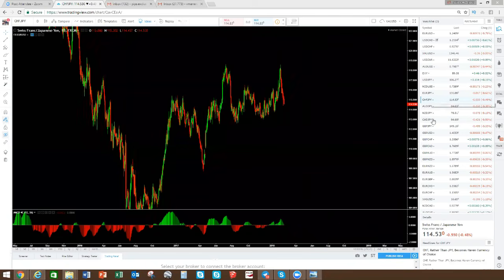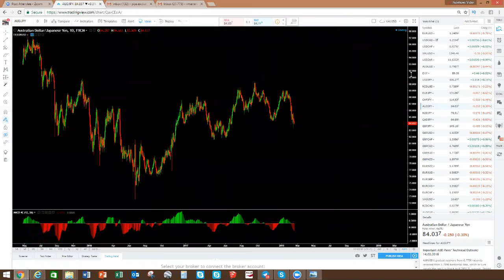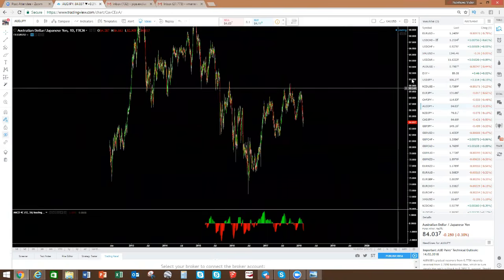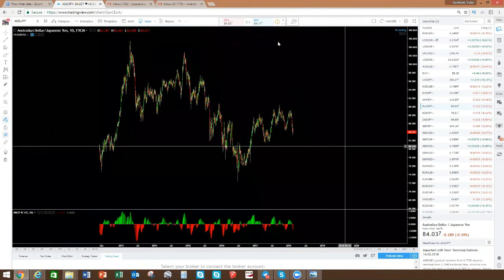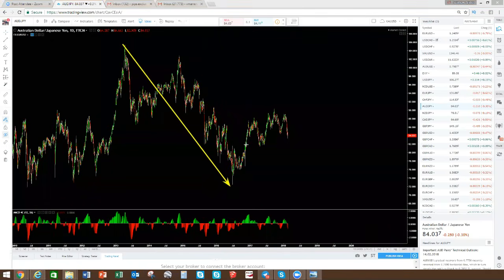All right, so that's EURCHF. AUDJPY. I'm looking at this as the main string coming down here, and I'm looking at this as a 1.